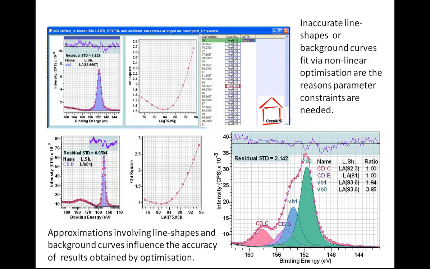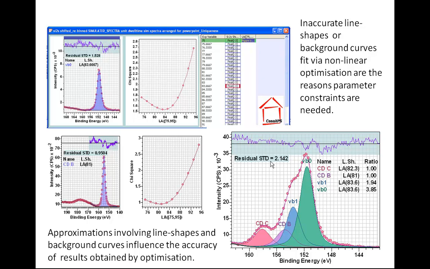So I can estimate what the line shape ought to be, and we can see here 2 examples where I've calculated 2 different line shapes for 2 different components that are included in this peak model. So now there are 4 components with 4 line shapes, and when these components are fit to these data, we end up with a ratio for these components, and we end up with a residual standard deviation.